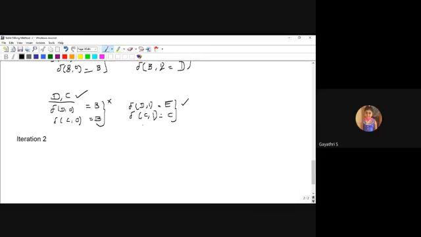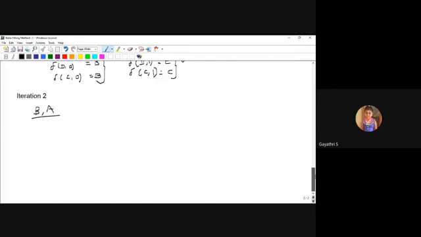From the first combination BA, do the same thing: del of B comma 0, then del of A comma 0, next del of B comma 1, then del of A comma 1.